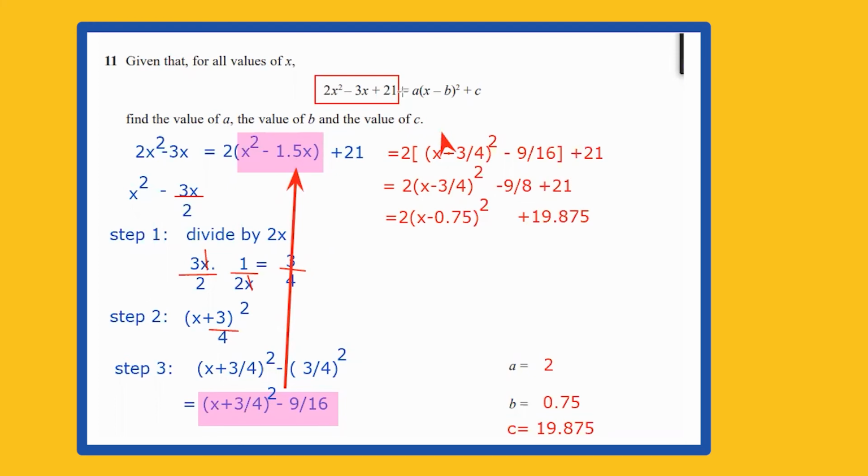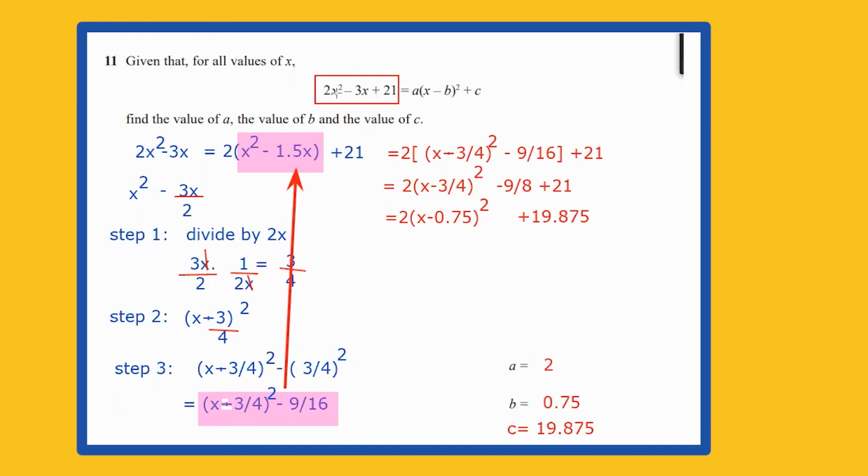I have made a mistake here. All of these should be minuses. Sometimes when we're doing a sum, we forget about writing the minus. So all of this should actually be minus here. And we have x minus 3 over 4, the whole thing squared. And then what happens? We square it and we subtract 9 over 16.